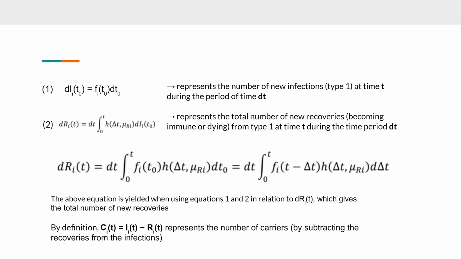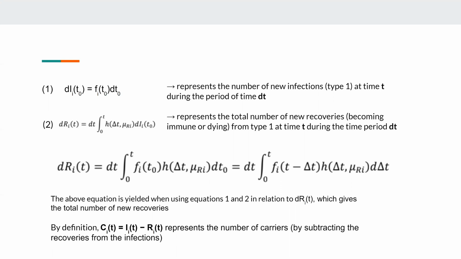Our first equation represents the number of new infections of only type 1 at time t during the period of time dt. And equation 2 represents the total number of new recoveries, either becoming immune or dying, from type 1 at time t during the time period of dt. This long equation is yielded when using equations 1 and 2 in relation to dR sub I of t, which gives the total number of new recoveries.